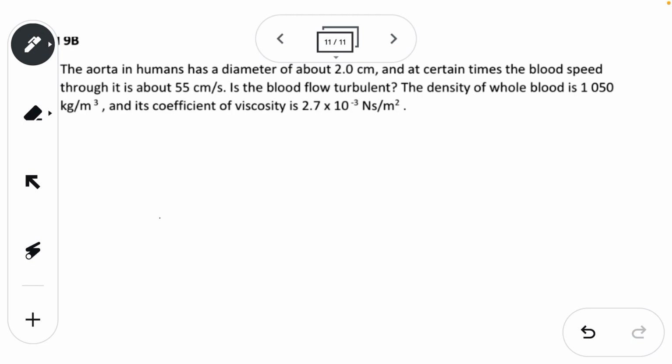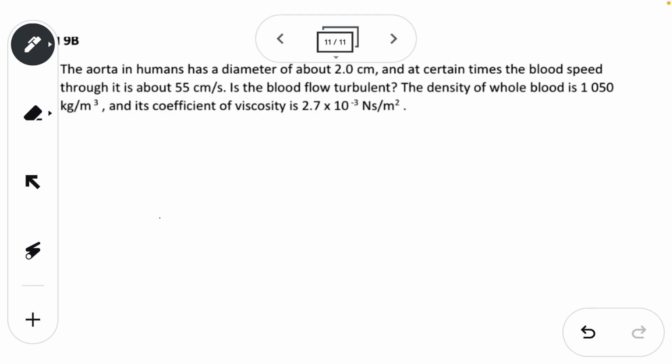So we have an example of a question here. The aorta with that diameter, and we have the flow speed, which is 55 centimeters per second. We want to know if the flow of blood is turbulent in the aorta or not. We are given the other parameters like the density and also the viscosity of the blood. So what we have to do is simply find the Reynolds number for this particular case.